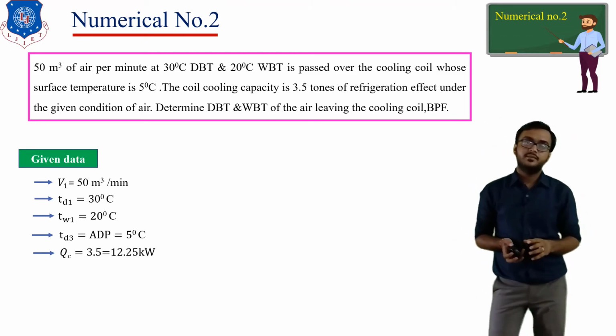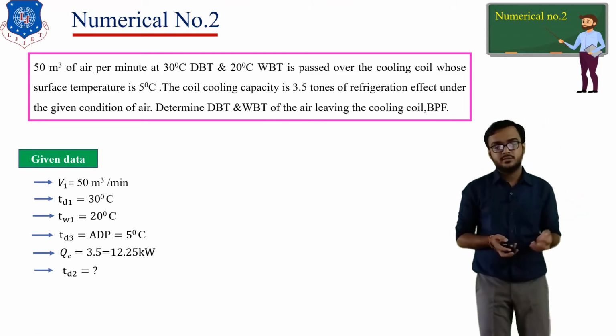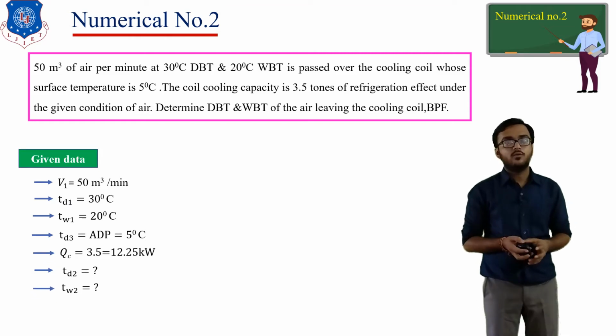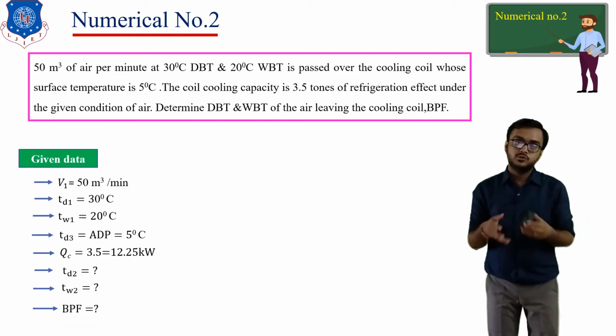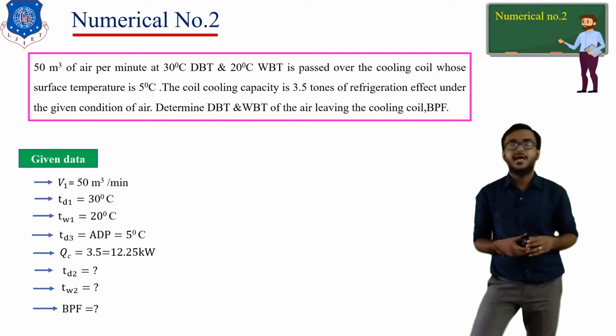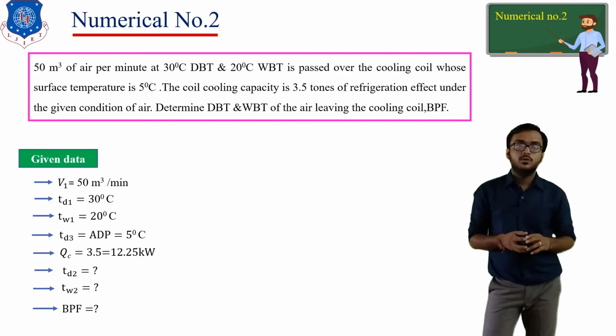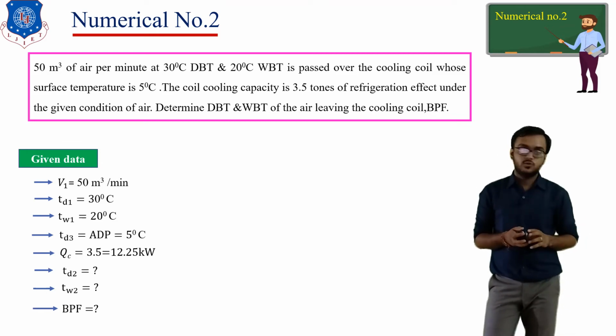We need to determine the dry bulb temperature, wet bulb temperature, and the bypass factor at the outlet of the cooling coil. Again, to solve this example, we need to utilize the psychrometric graph. So let's begin with the solution.